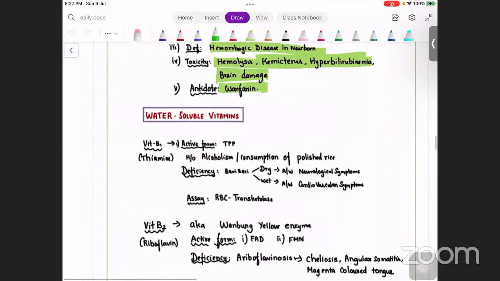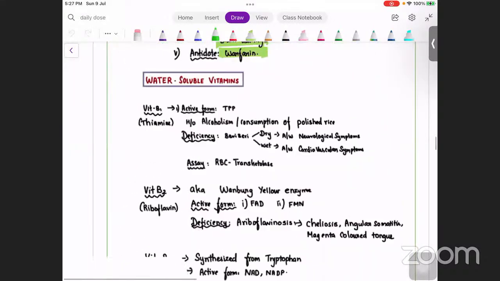Okay, next, we move on to water-soluble vitamins. Vitamin B1, active form is thiamine pyrophosphate, TPP. As we studied in the PDH complex, TPP is required in three enzyme complexes. What are they?